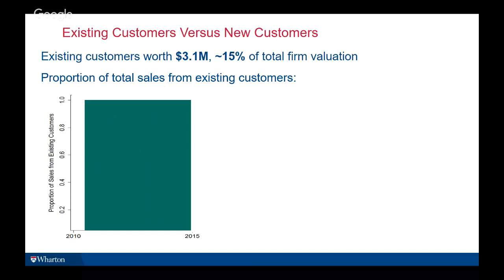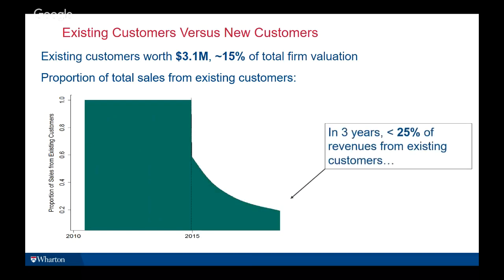Not that extreme, that would be very extreme. But it is not too far off. So less than 25% of the revenues by that point will be coming from existing customers. Fully 75% is going to be coming from newly acquired customers.